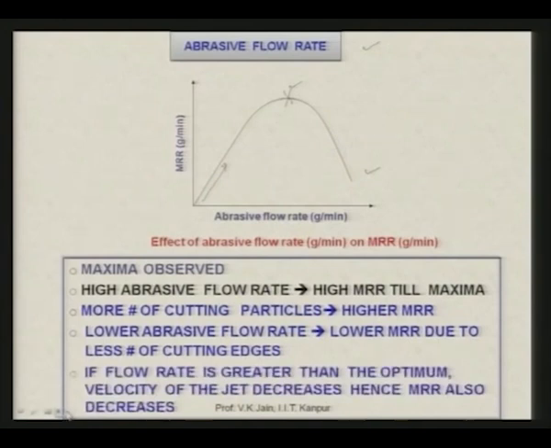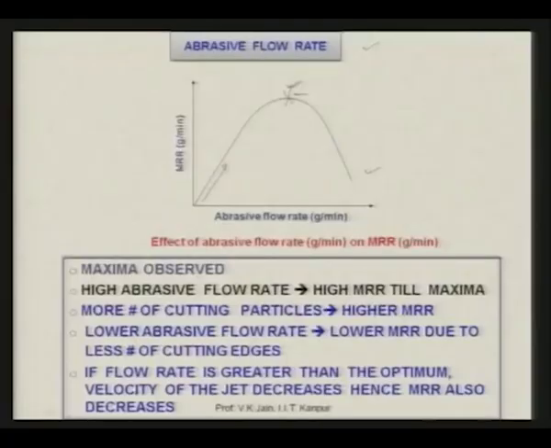Now, if flow rate is greater than the optimum value, that is beyond this value, then the velocity of the jet decreases. Hence, MRR also decreases, because the pressure of the jet is distributed amongst more abrasive particles. As a result of that, their velocity decreases, and once the velocity decreases, then material removal rate also starts decreasing.